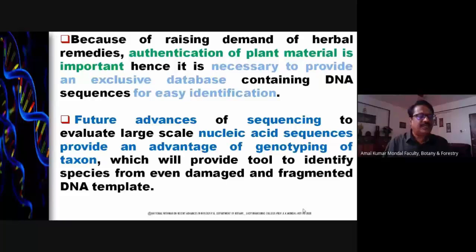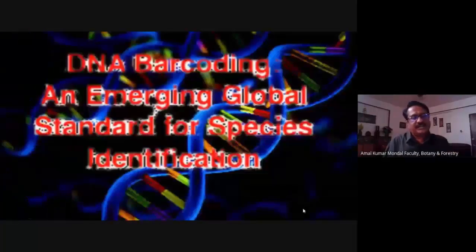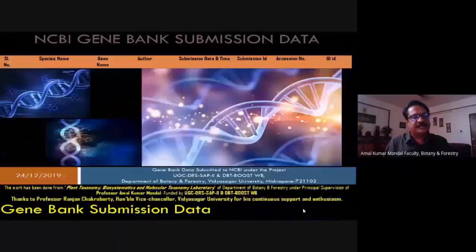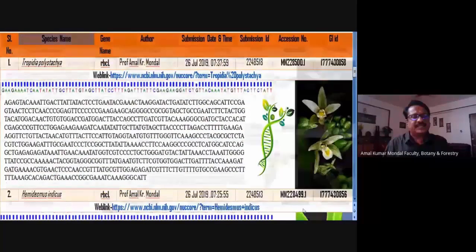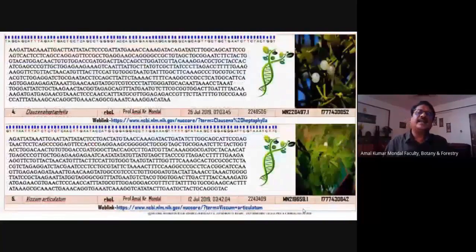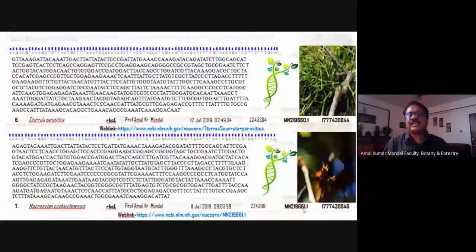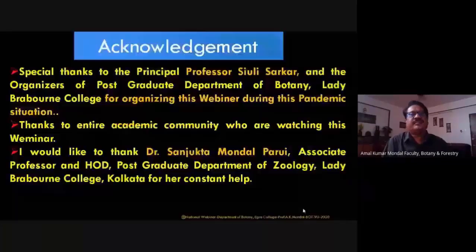From our laboratory, from the barcoding point of view, we have already done the DNA barcoding of 45 endangered and threatened medicinal plants and a few liverworts from South West Bengal and submitted to NCBI GenBank, which they have already accepted and authenticated. These are a few examples of our work from our team.